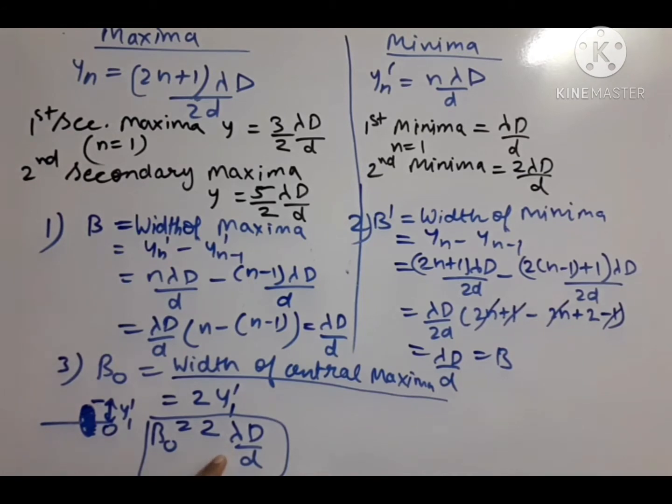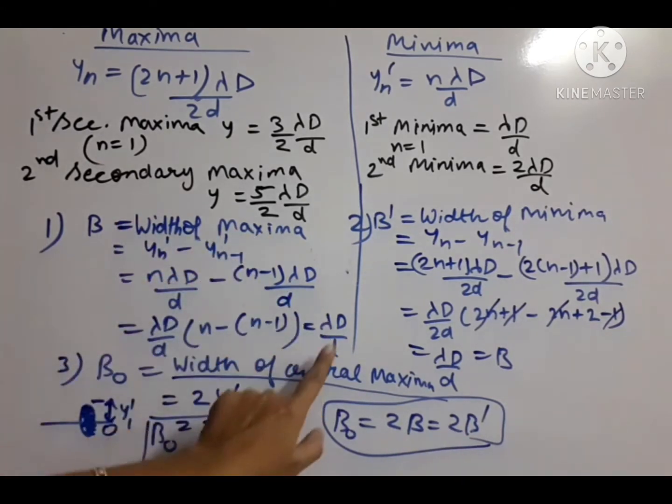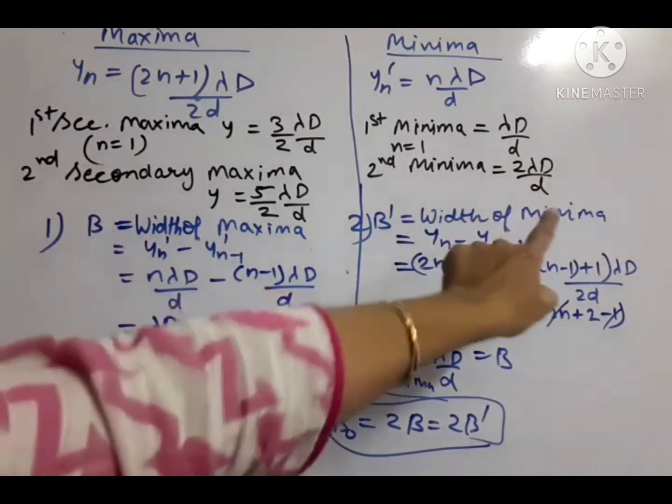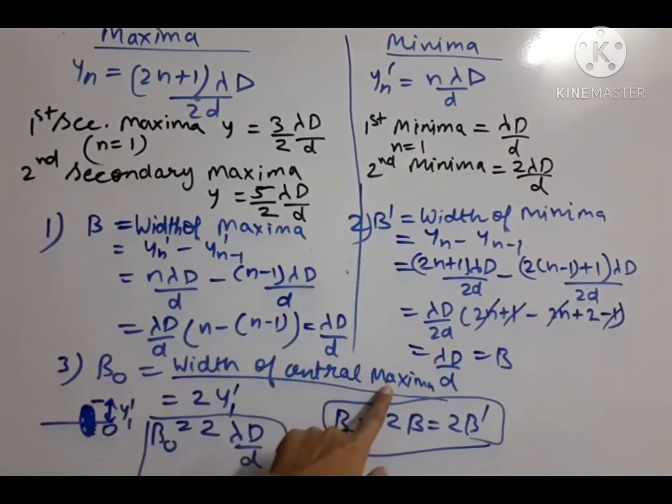Here we will notice one thing: beta 0 is just double of other betas. Central maxima's width is just double of the width of other maximas or other minimas. Because if we carefully see the formulas, width of maxima is only lambda D by d, width of minima is only lambda D by d, but width of central maxima is twice lambda D by d.